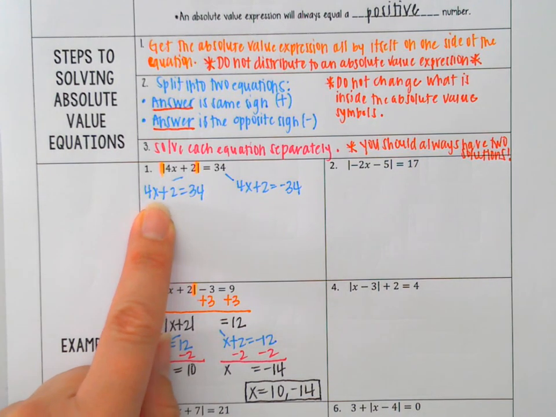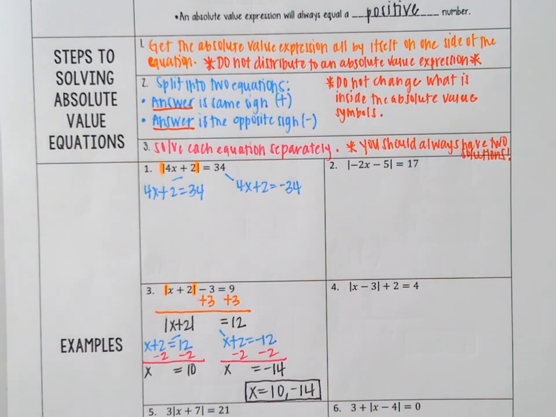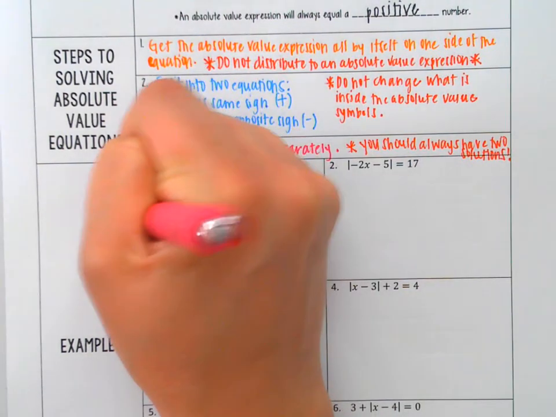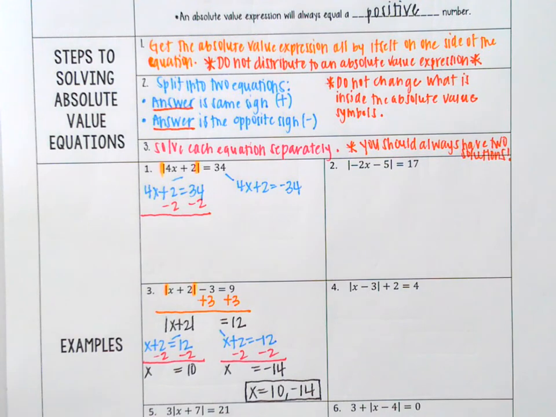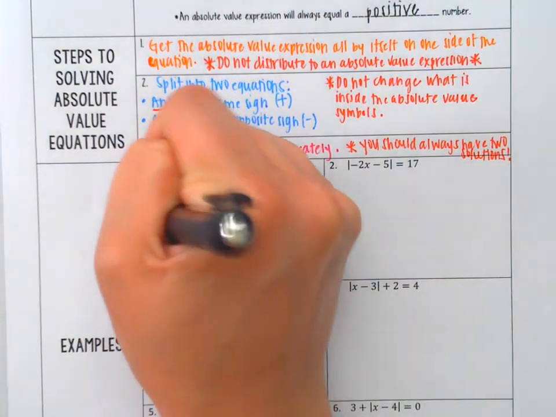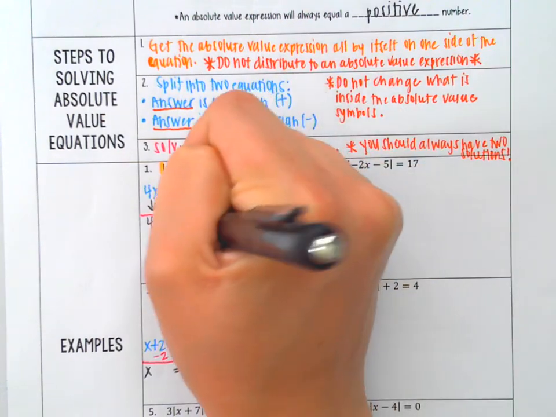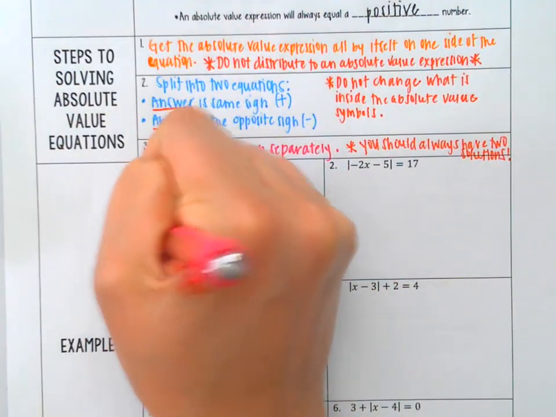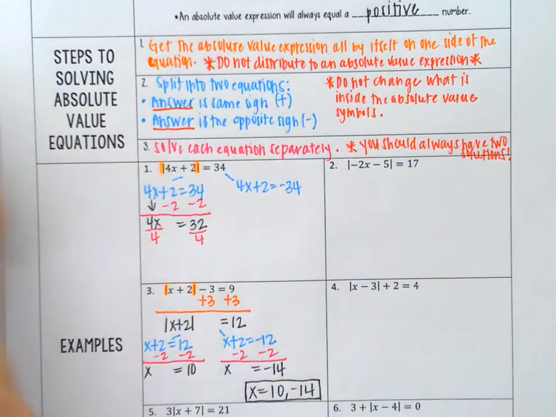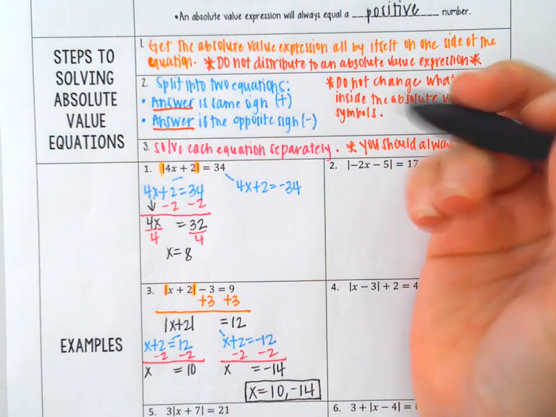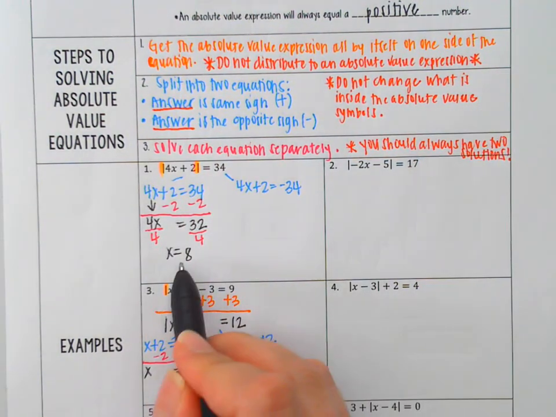Now it's just like two different problems solving an equation. So I'm going to start here. I undo addition and subtraction first. So I'm going to subtract 2 from both sides, and I get 4x equals 34 minus 2, which is 32. Divide both sides by 4 to get x by itself, and I get x equals 8. So that's one of my answers.